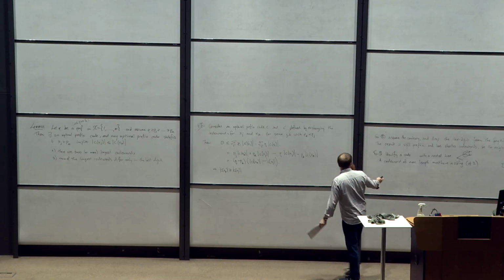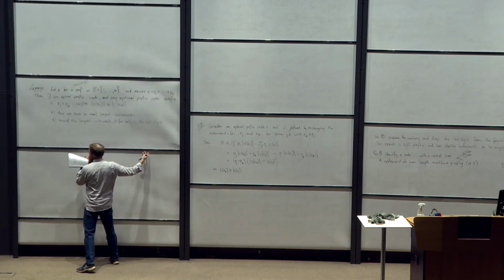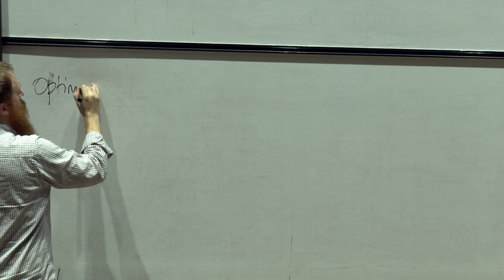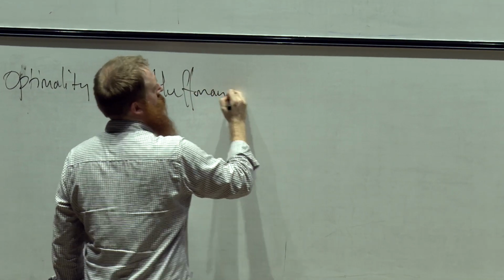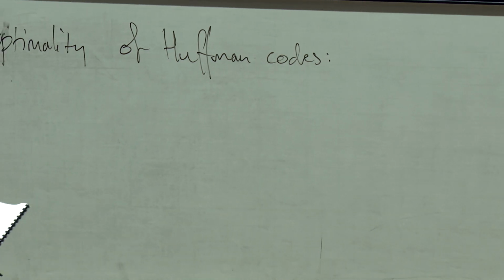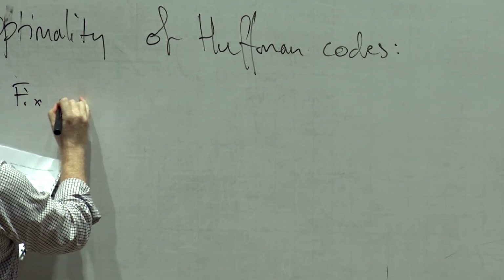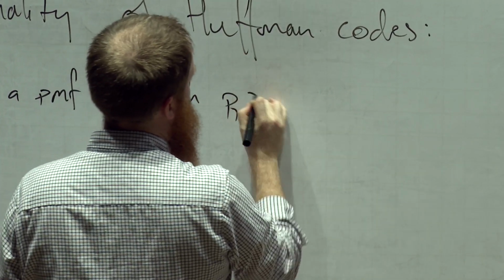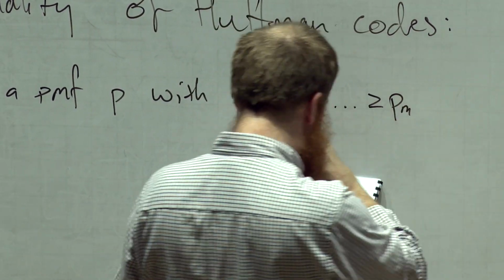Okay, so now that we've got this result, we can prove the Huffman code is indeed optimal. So let's prove the optimality of the Huffman method. Okay, so proof. Fix a PMF P with p1 greater than or equal to p2 greater than or equal to ... pm.